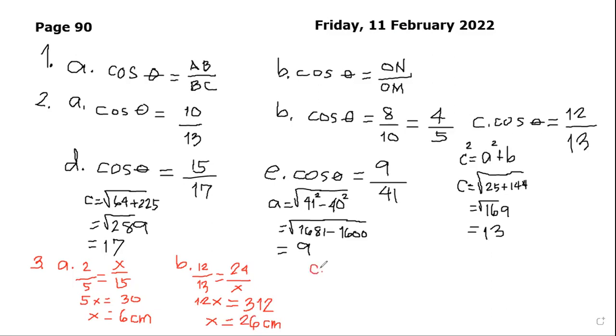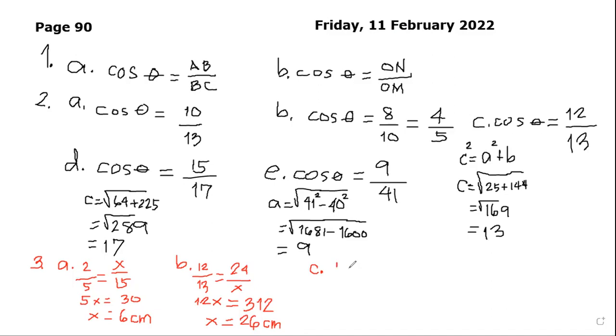We still have 3 minutes. So letter C. Cosine is 15/17. You find the adjacent side, but you don't know also the opposite side. So therefore, we need to use the Pythagoras theorem. To get the length of the adjacent side, 51 squared minus 45 squared.